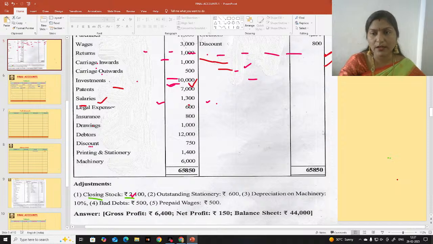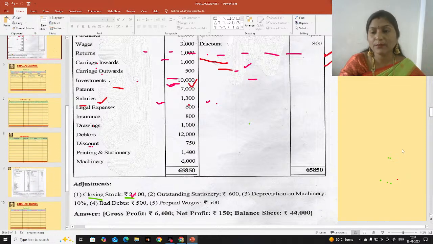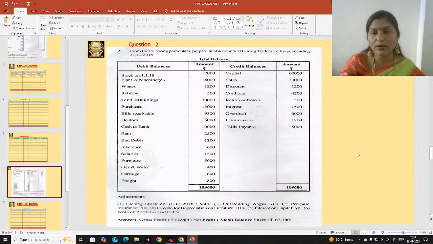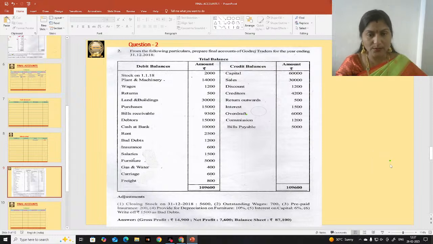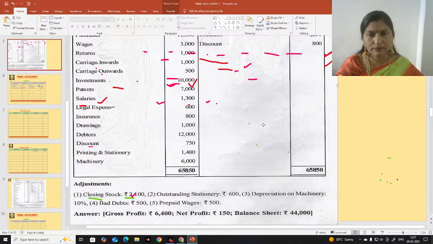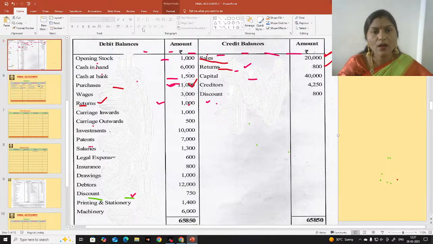Let us go to the next item. This is our question, and we recorded some items already. What did we record? Purchases, opening stock, closing stock, and sales returns. All this we recorded. Now we are going to record some more items, following our question.